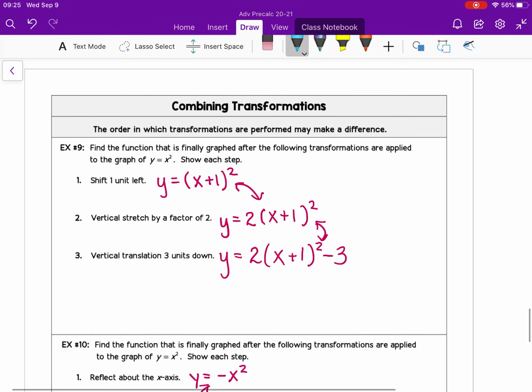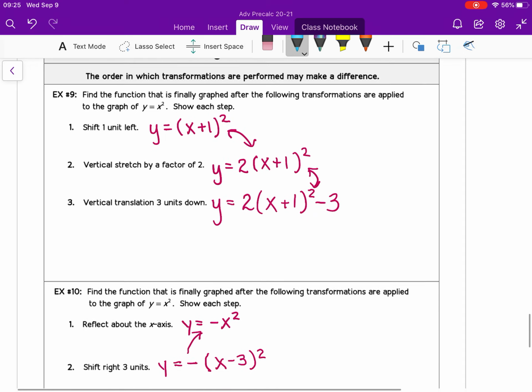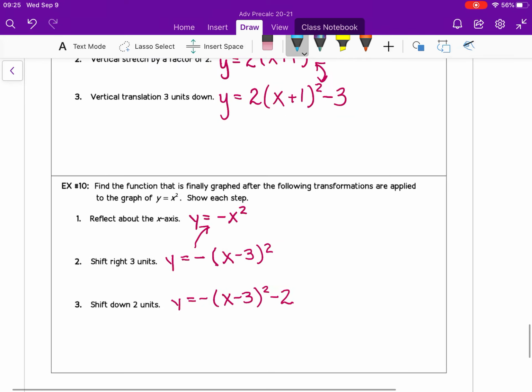And then of course we can combine all of those. So if I want to combine a step at a time, number 1 shows what a left translation would be, just moving it left. Vertical stretch just means the number out front. So notice that I put a 2 out front. And then down 3 would be -3 at the end.